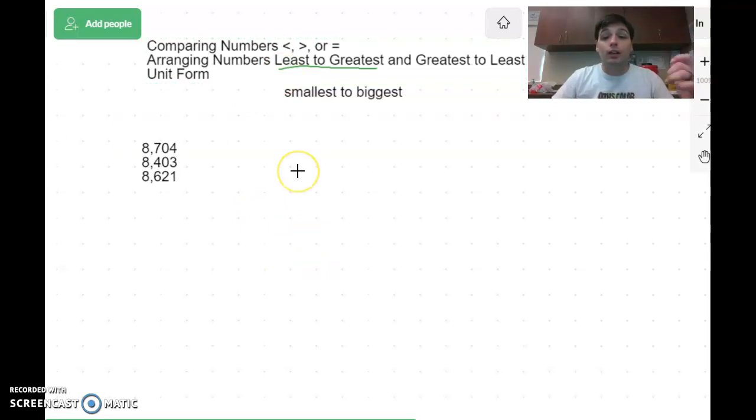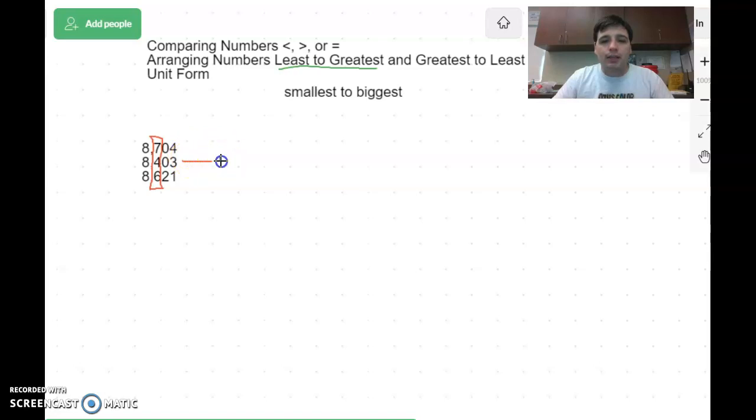When we order them from smallest to biggest, we need to look at our largest place value first, just like before. Here, they all have the same number of thousands. They all have 8,000, so I can't do anything there. Then I can look at the hundreds place. Here's where I have a lot of differences. And I tend to kind of round in my head. Here I have 8,400, 8,600, 8,700. I already see my smallest one.